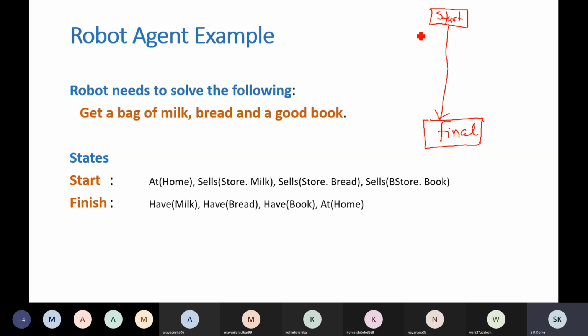That is, at home is true, then sells predicate: store comma milk is true, and store sells bread is true, and B store sells book is true.